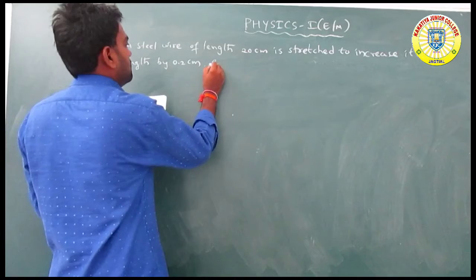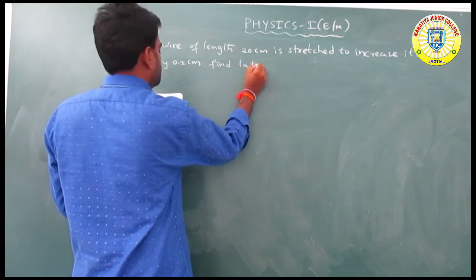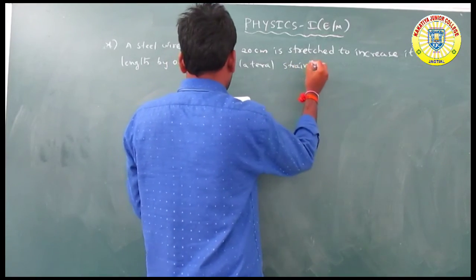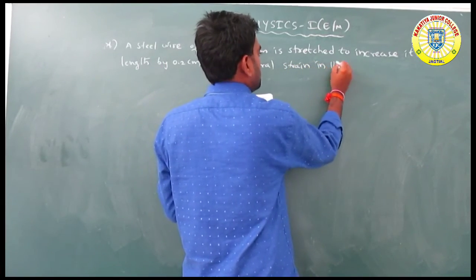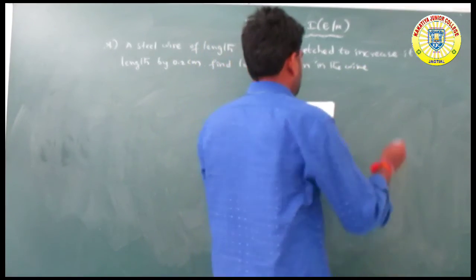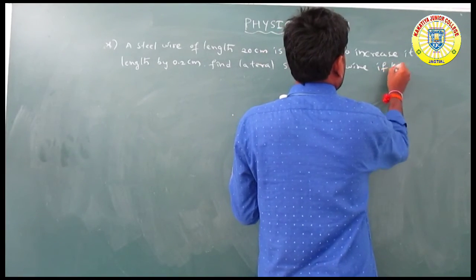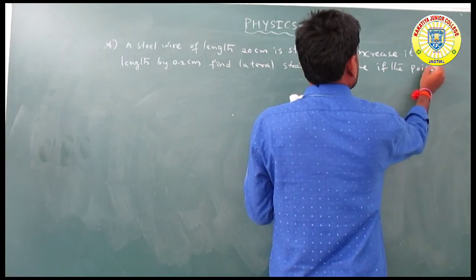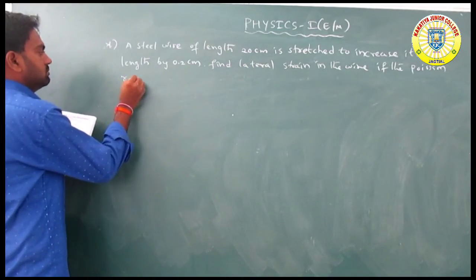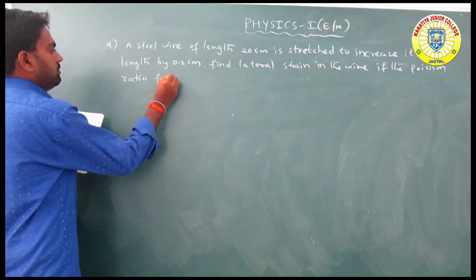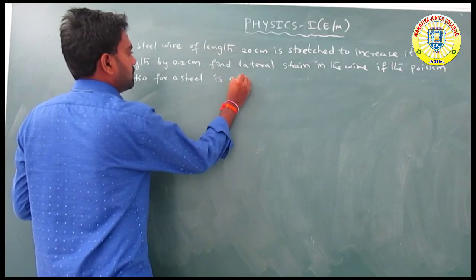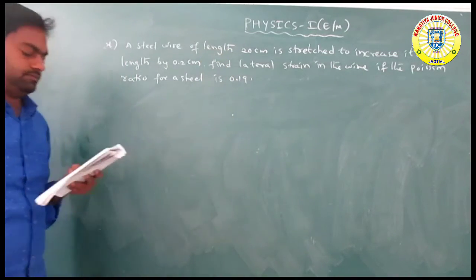Find the lateral strain in the wire if the Poisson ratio for steel is 0.19. Okay.